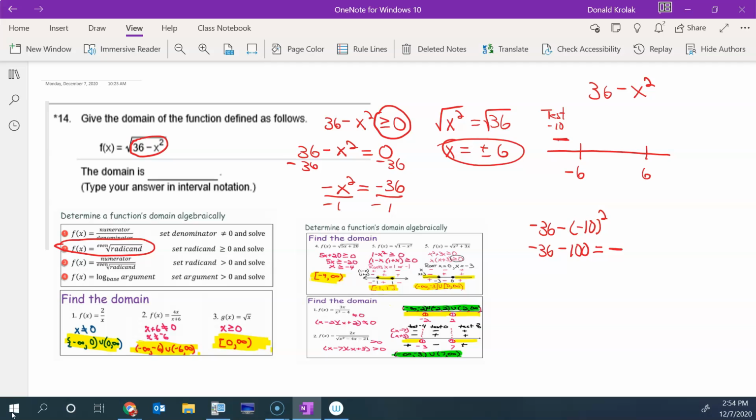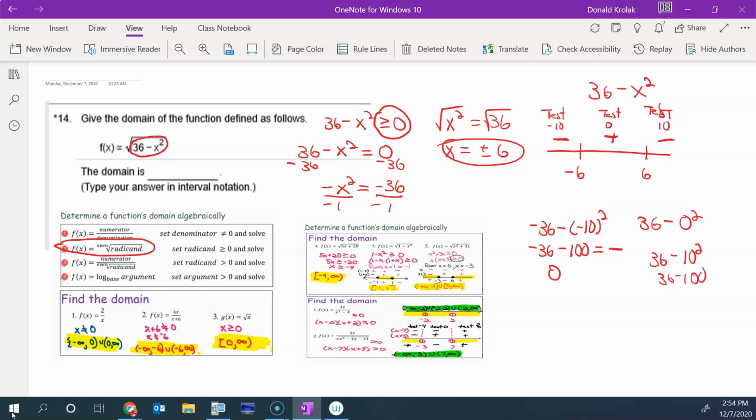If I picked a number between -6 and 6, like 0, well, 36 minus 0 squared, that's positive. And if I picked a number bigger than 6, like 10, I'm going to get another negative. So tested, right? I have 36 minus 10 squared, take away 100, that's negative.